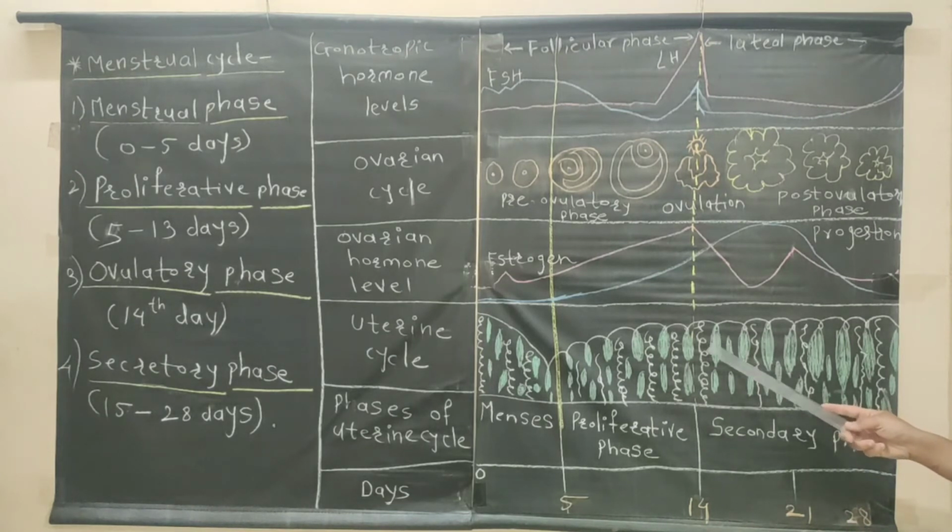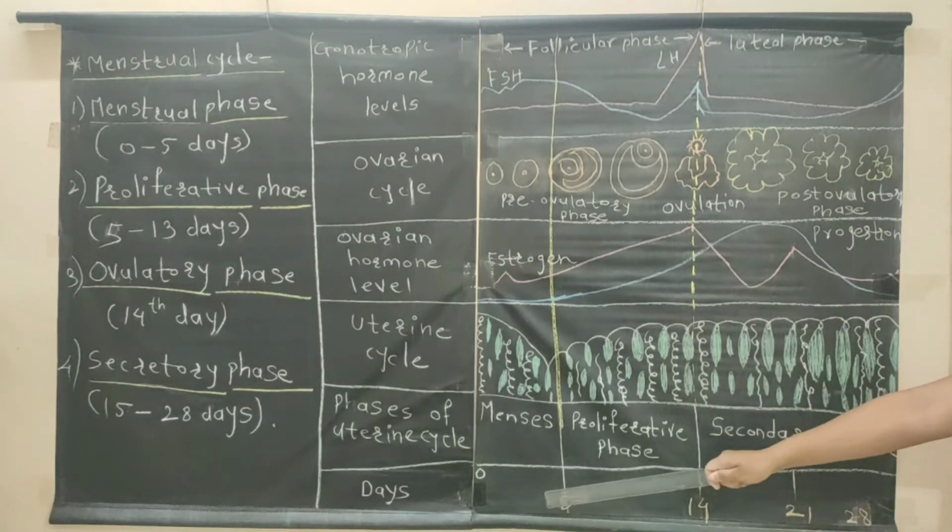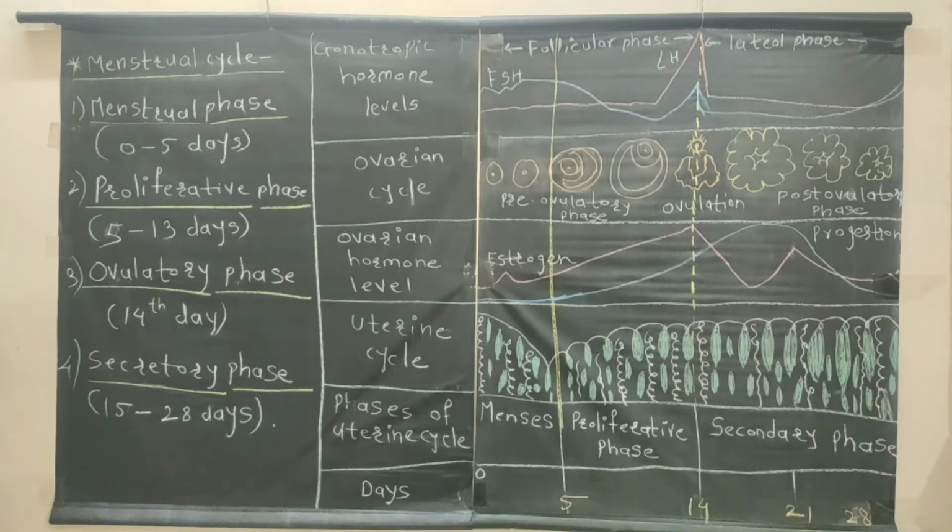In this phase, that means in the first phase of a cycle, blood, tissue, mucus, endometrial lining, and unfertilized oocytes are discharged through the vagina.